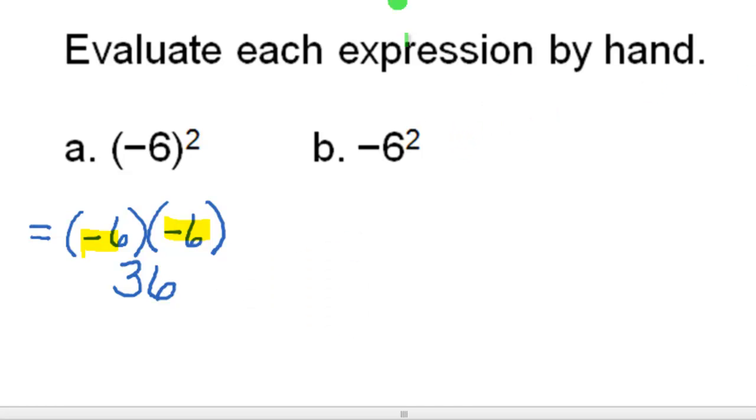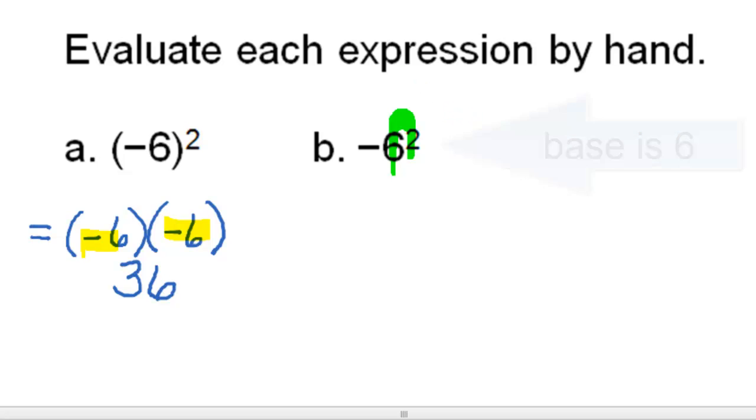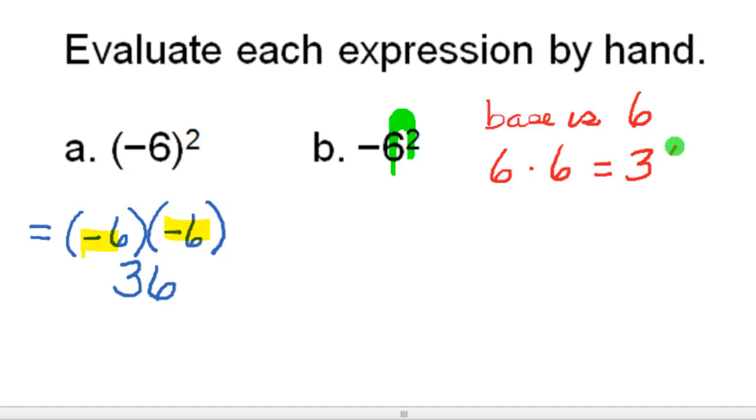In the second problem, however, we see the exponent of 2 only on the number right in front of it. The 6 without the sign is the base. So the base is 6 for this problem. And so we're going to multiply 6 times 6, which is positive 36. Then we do have that negative sign in front.